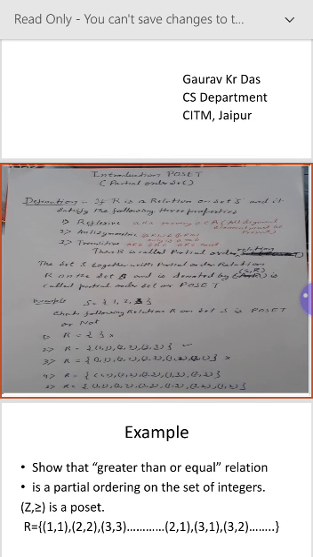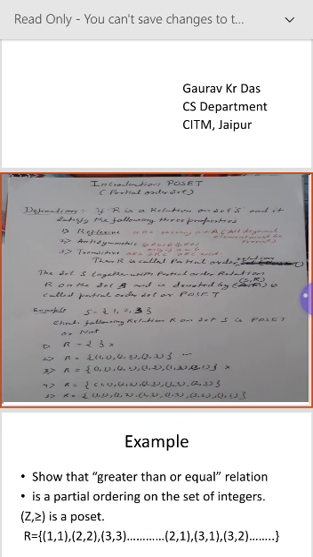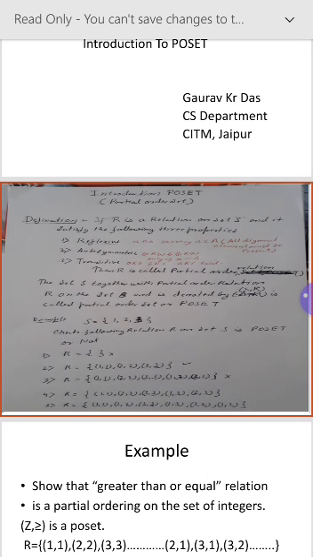It means if we draw the diagram for the relationship A related to B, then our arrow will be towards B and it must not have the back arrow, that is B related to A. But we can have the self loop, that means A equal to B.